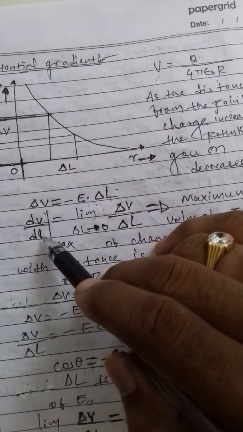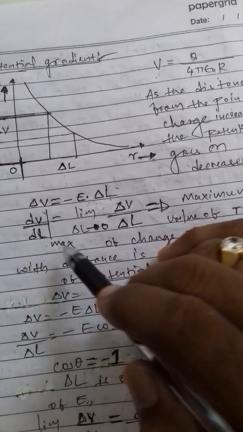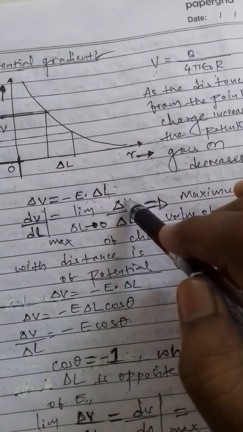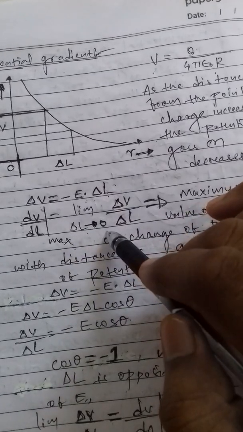From these equations, dV by dl maximum is equal to limit delta V by delta L as delta L tends to 0.